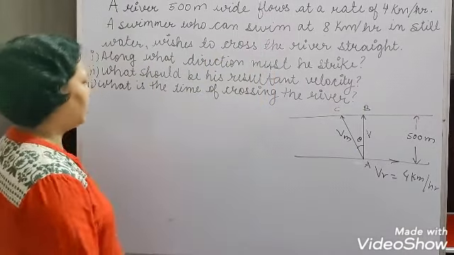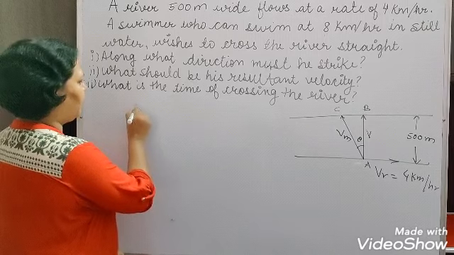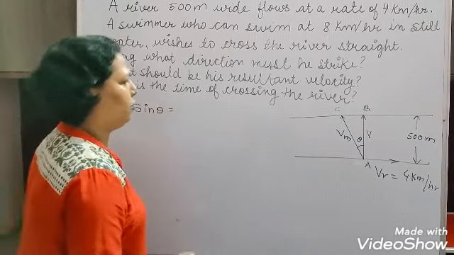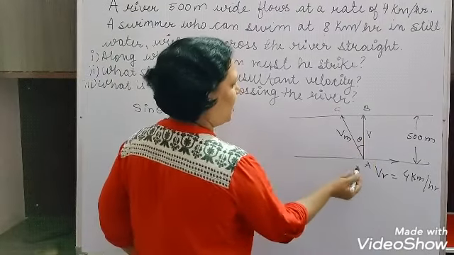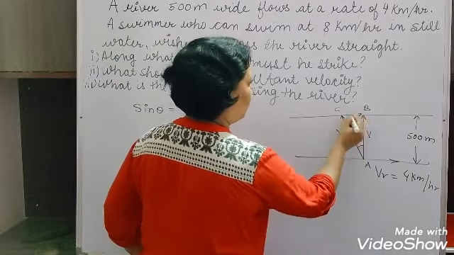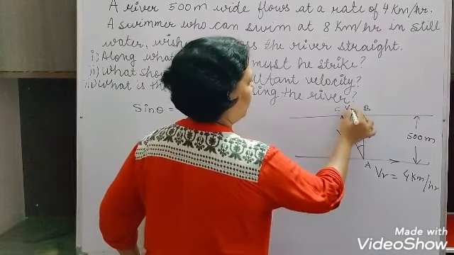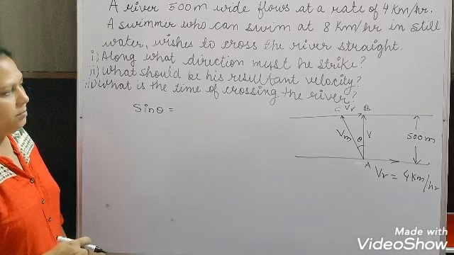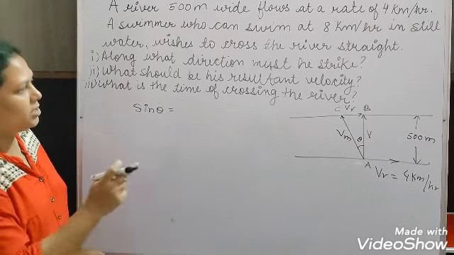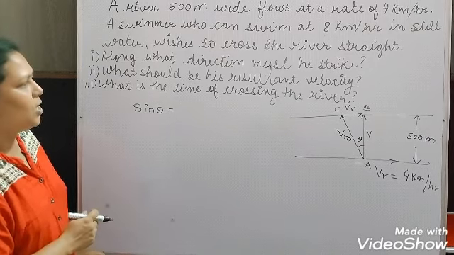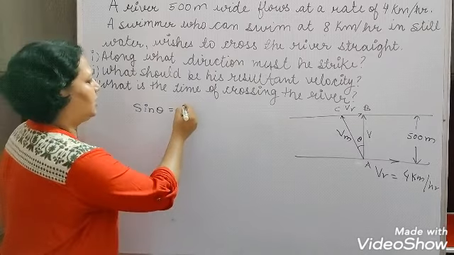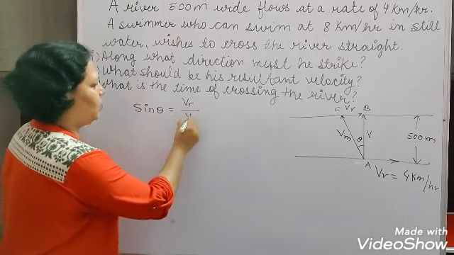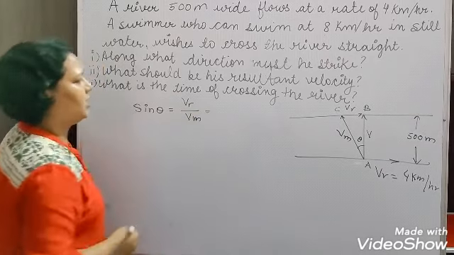We'll simply apply the formula: sine theta is equal to, in this triangle ABC, CB is the perpendicular, given by the vector VR, the direction in which the river is flowing. So CB is VR, the perpendicular, and the base is Vm. So sine theta is equal to VR upon Vm.